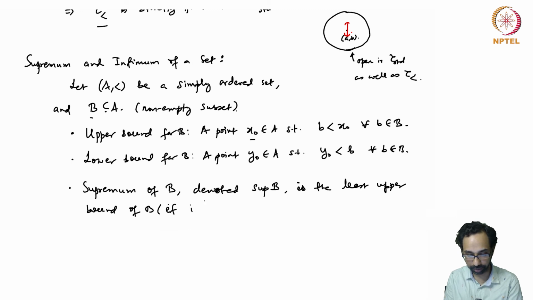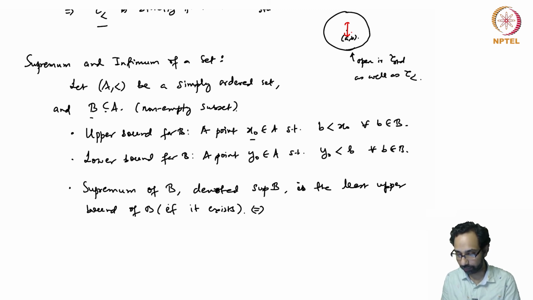Sometimes it can happen that a set has an upper bound, but it does not have a least upper bound. We will see an example of such a set. So it is the least upper bound of B if it exists. This means that if it exists, it will satisfy the following property.